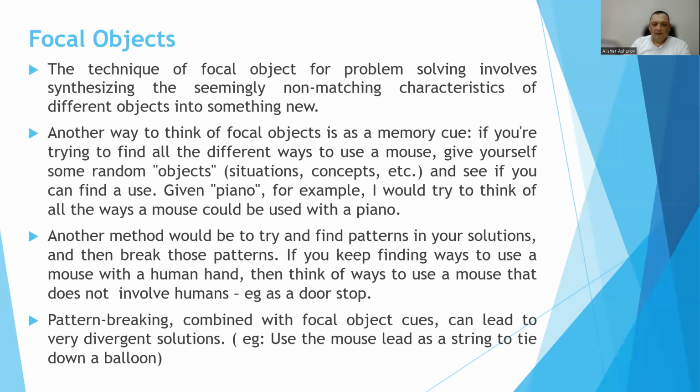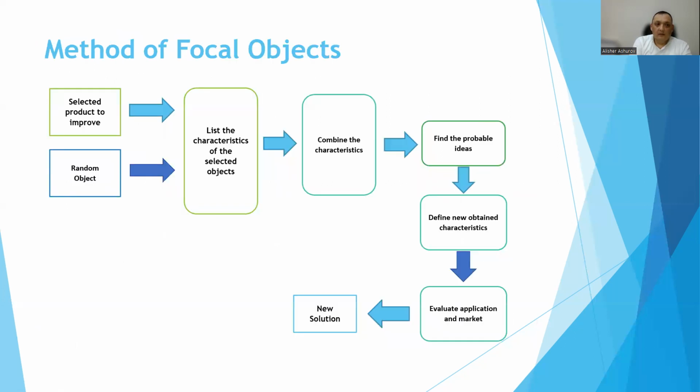For example, given a piano, I would try to think of all the ways a mouse could be used with a piano. So you see here, we may speak about different ways, but let's just look at the clustering and understand what the focal object method is.